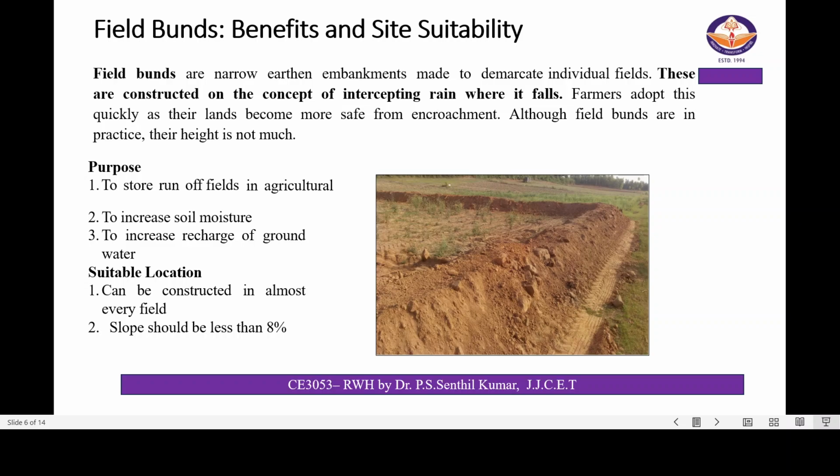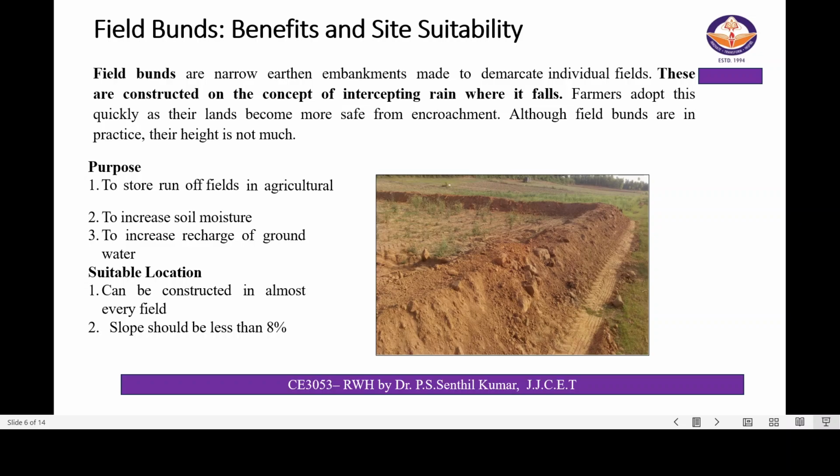These are constructed on the concept of intercepting rain where it falls. Farmers adopt them quickly as their lands become more safe from encroachment. Although field bunds are in practice, their height is not much.